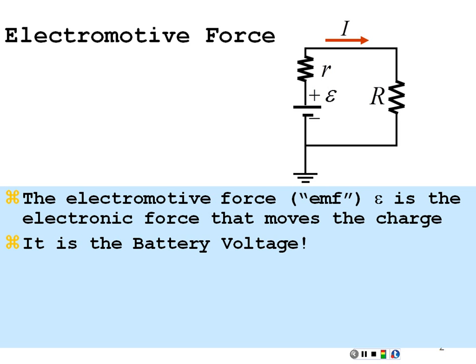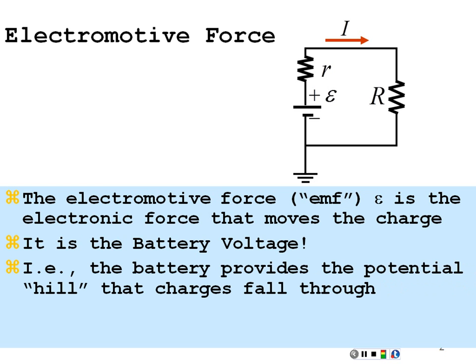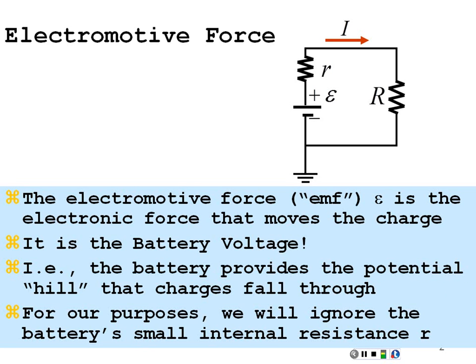But for our purposes, we're going to ignore the internal resistance of the battery, and we're going to treat the electromotive force, epsilon, as simply being the voltage of the battery. It is the potential hill that is established that allows positive charges to move down the hill to the bottom of the hill, which is the negative terminal. So, all things said, the EMF, epsilon, is the voltage.